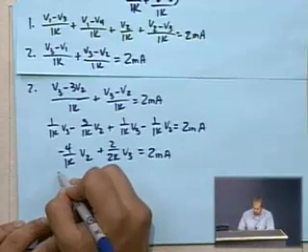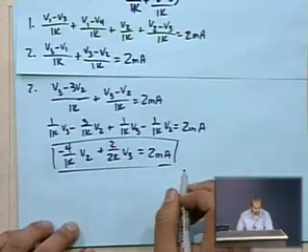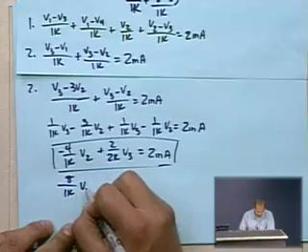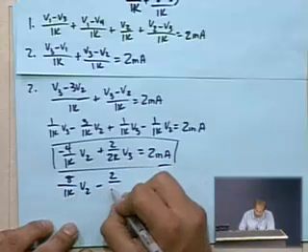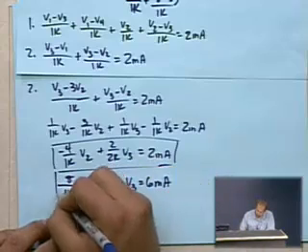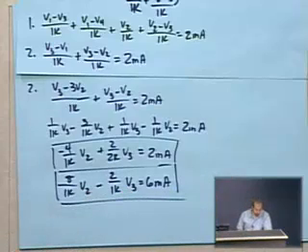So we need this one. This is the final version of that one. What we got in our first equation was 8 over 1K V2 minus 2 over 1K V3 equals 6 milliamps. So there are two simultaneous equations. You plug those in and you solve them.